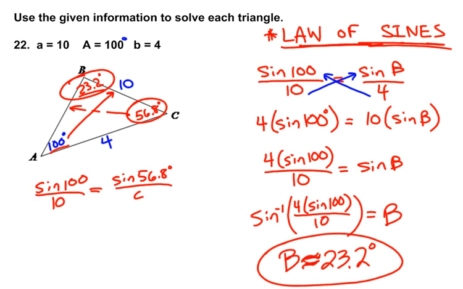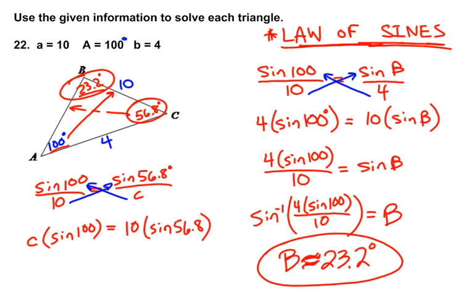And again, we're going to cross multiply to solve this. So we have the equation C times the sine of 100 is equal to 10 times the sine of 56.8. To find C, we have to divide by the sine of 100.